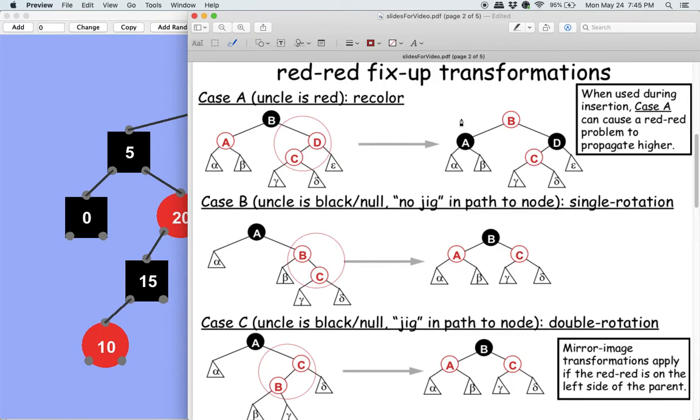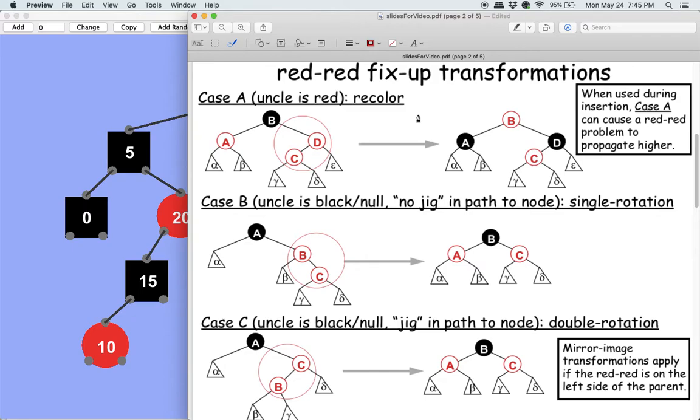The reason I'm reviewing these is not because we're going to go back and do insertions, but because in the scheme I'm going to present, sometimes a transformation ends up putting two reds together, and then one last step is to apply one of these rules to fix up the red-red so we don't have a red-red.